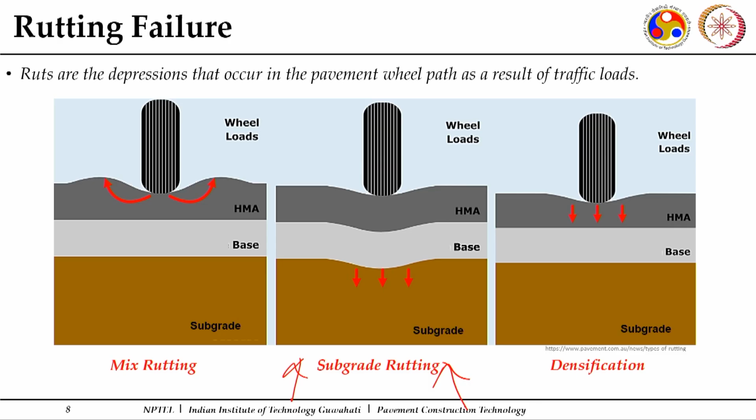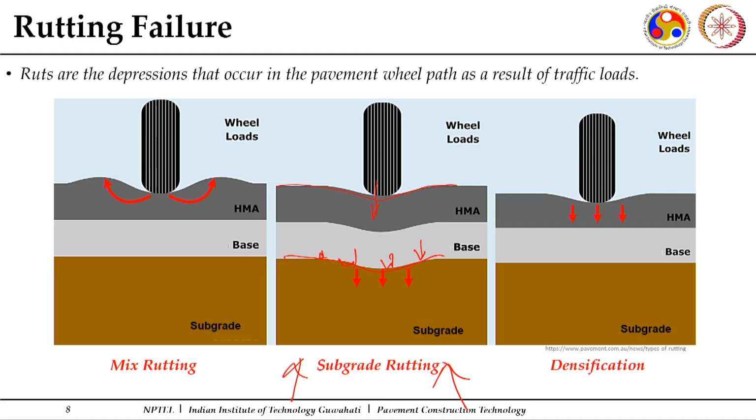Now, here you can see that if the subgrade is weak enough, when the load stresses come over the subgrade surface, it gets deformed. A depression is created, and mostly it happens under the wheel path. When it happens, the upper layer also gets deformed, and this is the manner in which the deformation gets reflected on the top.